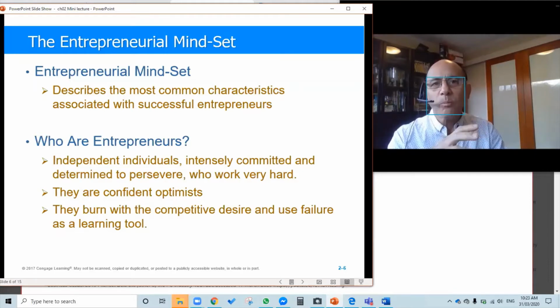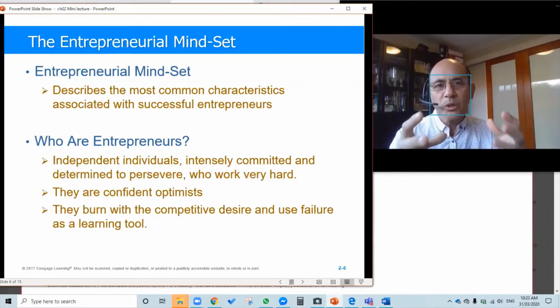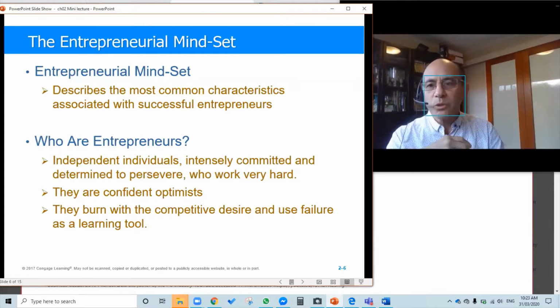They have a lot of hope for success, hope for the world, and hope for successful businesses. They are very competitive. They have a very competitive desire, and they use failure as a learning tool. So they don't quit when they fail. Instead, they use this failure to sort of teach themselves, okay, what went wrong and what can we do to sort of improve in the future.